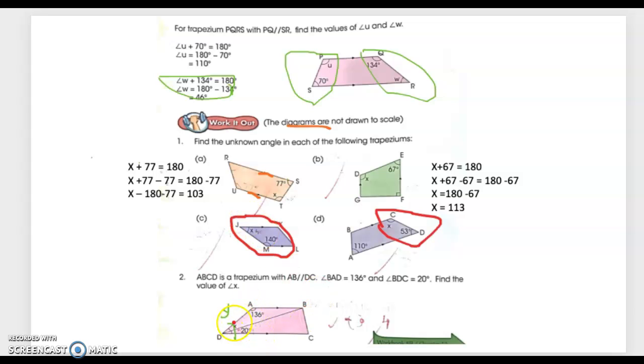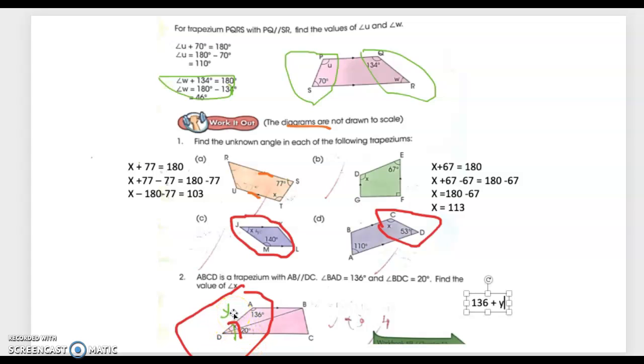Now look at this one. Now here, we are finding x. So that means we have to consider the whole angle, right? The whole side. That means this is a parallel line, this is a parallel line. We have to consider these two angles between the parallel lines. So it will be 136 plus, I will give the whole angle as y.